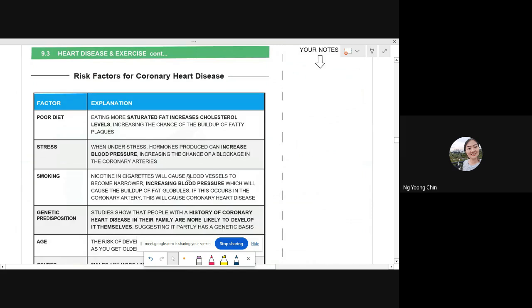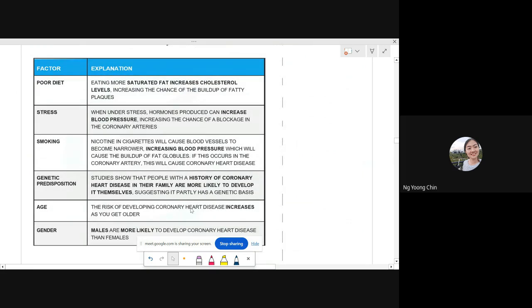So here are the risk factors for coronary heart disease. Some of the points you can write in your IGCSE paper if they ask you these questions. This shows that if you are eating more saturated fats, you know what is meant by saturated fat? Saturated fat refers to 饱和脂肪酸.